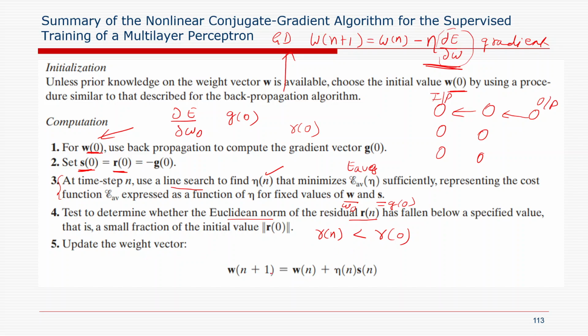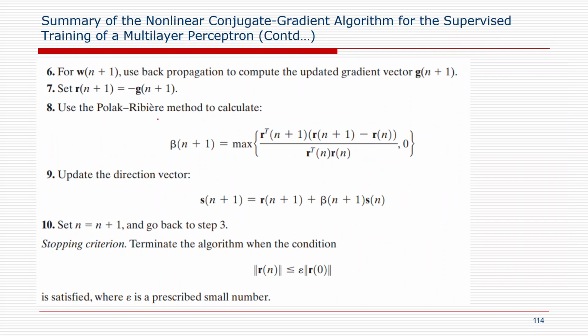Next, to update the weights, that is, w(n+1) equals w(n) plus the small step size, the learning rate eta(n), times the search direction s(n). Now, we have updated the weights, and we will now use backpropagation to compute the updated gradient vector.